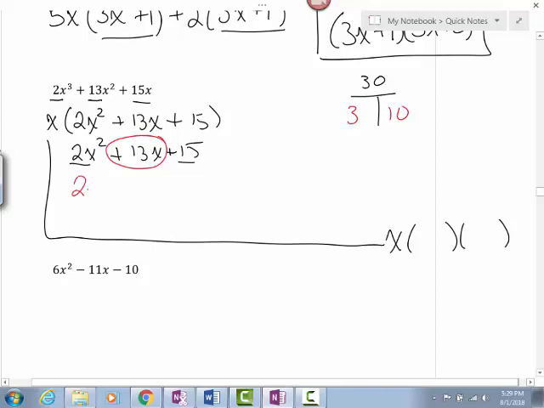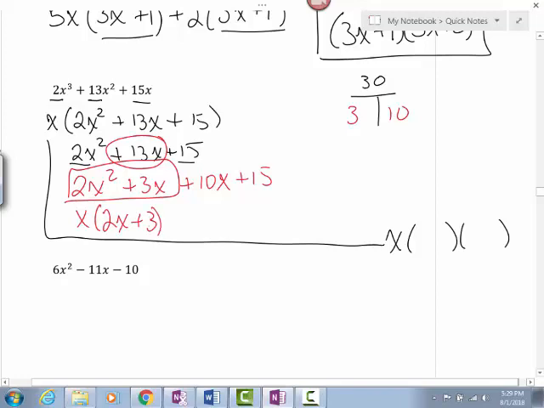So now let's go ahead and write this out. 2x squared plus 3x plus 10x plus 15. So out of here, I can take out the letter x, left with a 2x plus 3. Out of here, I can factor out the number 5.